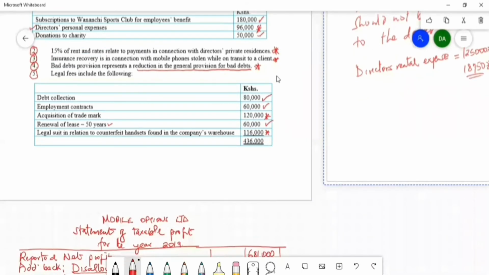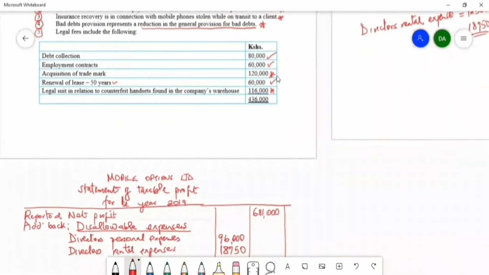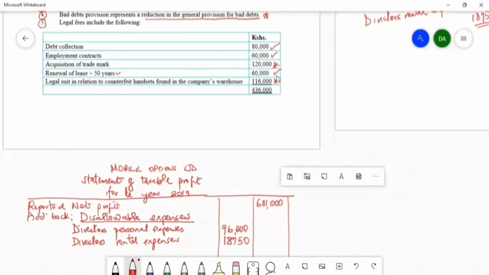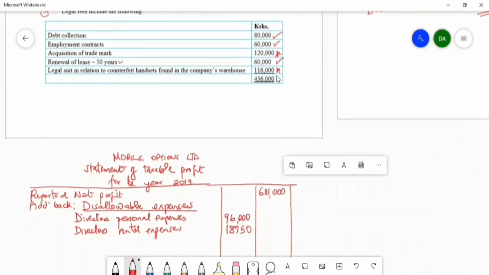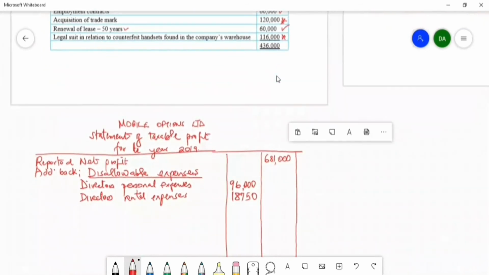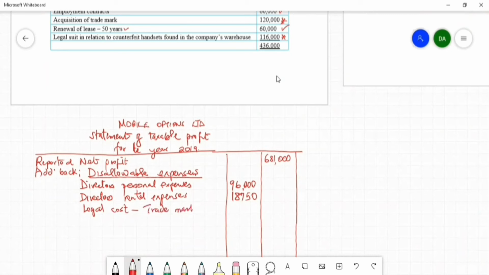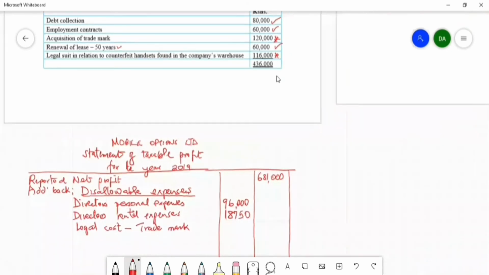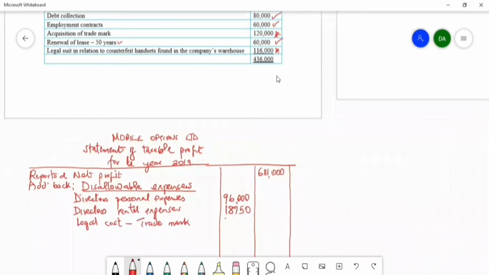In additional information 5, we add back 2 items, one being legal cost. The first legal cost is acquisition of trademark. That acquisition of trademark is 120,000. And the next one under that legal cost, counterfeit handsets.